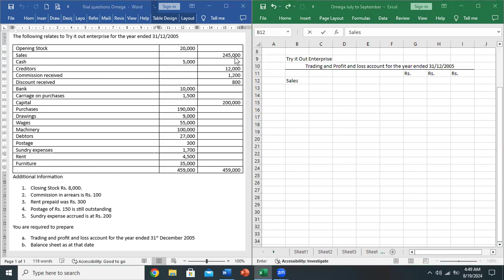Given in the question 245. We need to always check whether we have return inwards in the question. And the answer is no, we don't have return inwards. So our sales figure will be 245,000. Okay. So if you don't have return inwards, you don't need to less it. Your sales will be equal to your net sales.